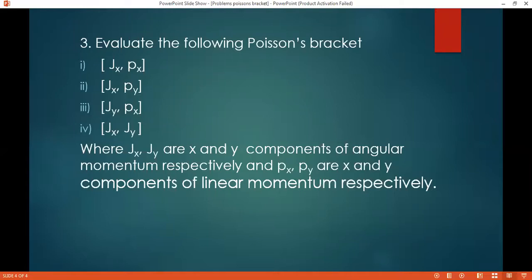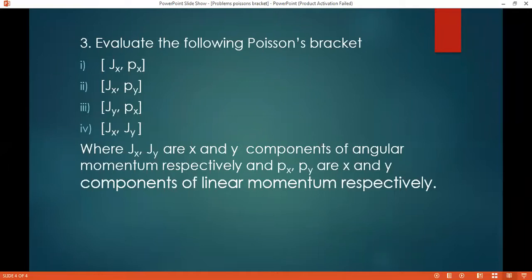How विचारलं होतं परीक्षेला actually. We'll have to evaluate the Poisson bracket. Which Poisson bracket? The Poisson bracket of jx, jx, okay, just check it out. We'll have a Poisson bracket of jx, then we have jy and we have jx. हे सगळे पॉइसन ब्रॅकेट आहेत, यांना इव्हॅल्युएट करायचं म्हणजे यांच्या व्हॅल्यूज आपल्याला फाइंड आउट करायच्या.